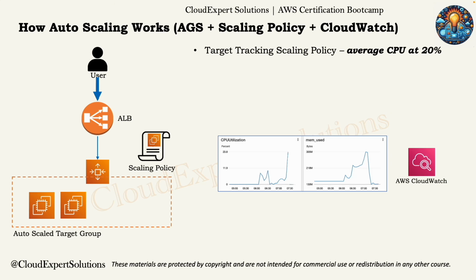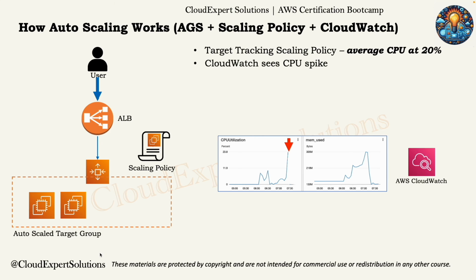We also have CloudWatch, which is like a sensor or a watchdog that monitors your servers or EC2 instances and their metrics like CPU, memory, network, and other parameters, and it can trigger actions when thresholds are crossed.